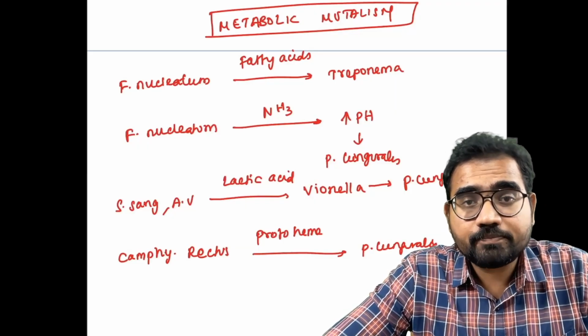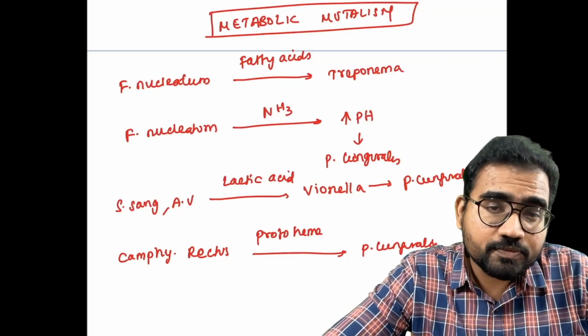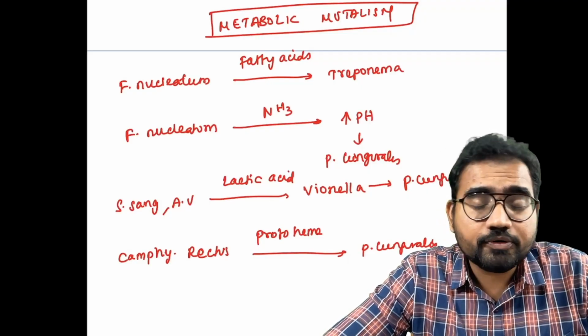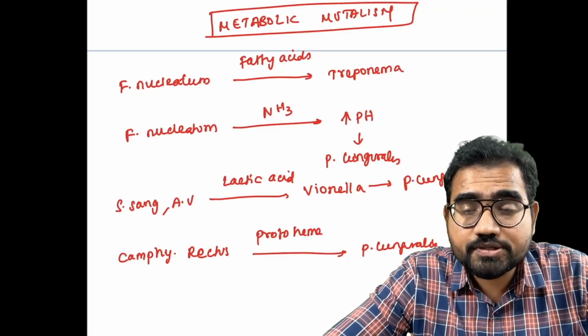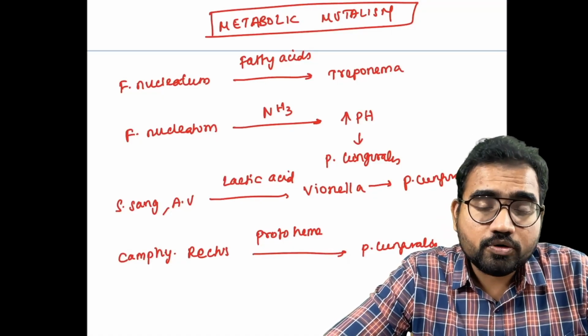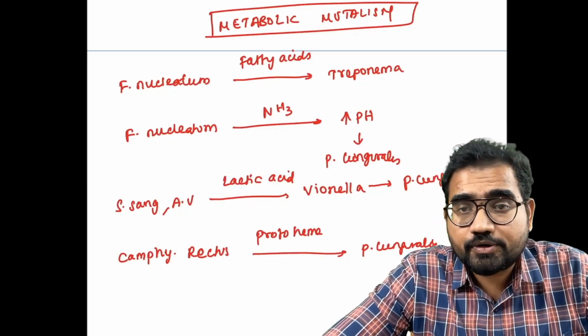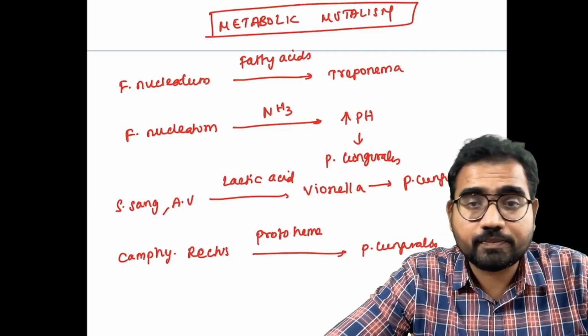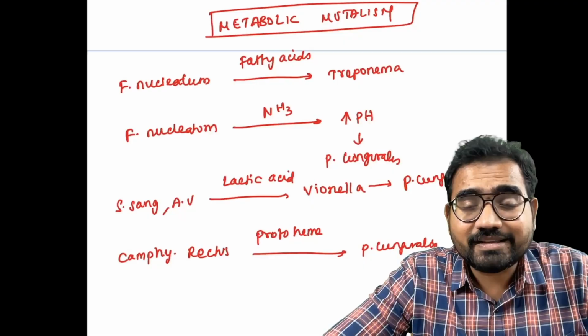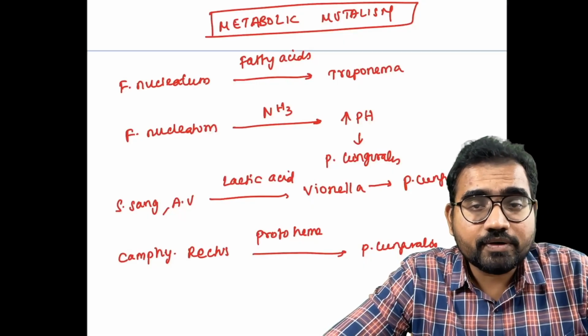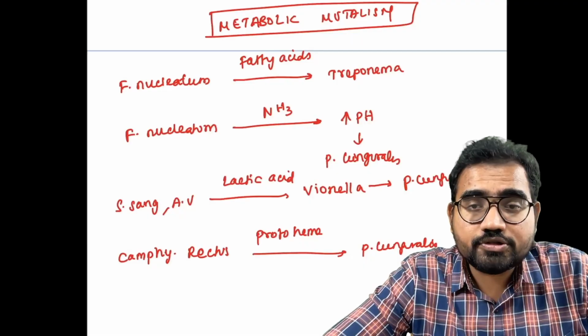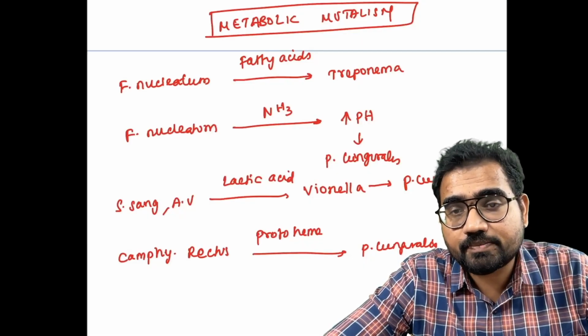Fusobacterium nucleatum produces fatty acids for Treponema species. Fusobacterium nucleatum produces ammonia, which increases the pH and the growth of P. gingivalis. Streptococcus sanguis and Actinomyces viscosus produce lactic acid that helps the growth of Veillonella, which in turn helps the growth of P. gingivalis. And Campylobacter rectus produces protoheme, which increases the growth of P. gingivalis.